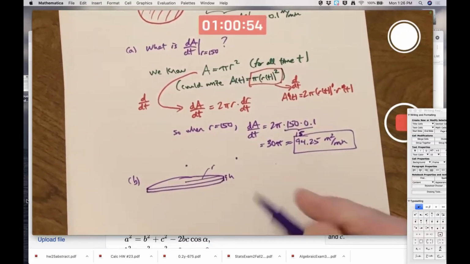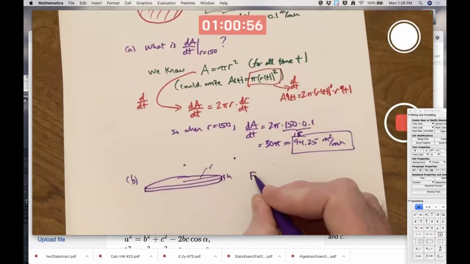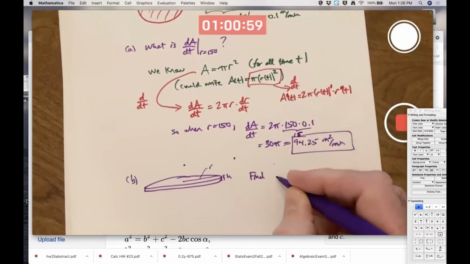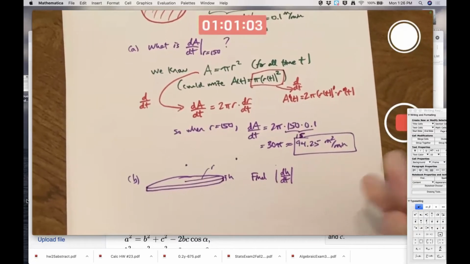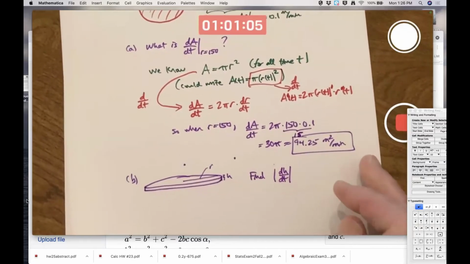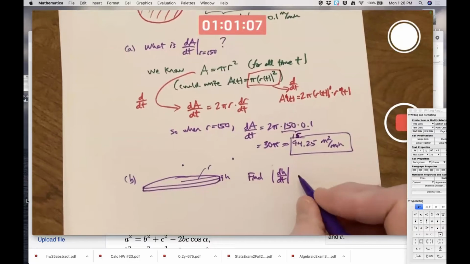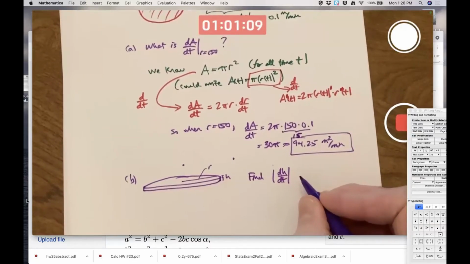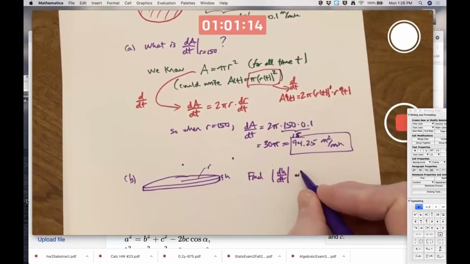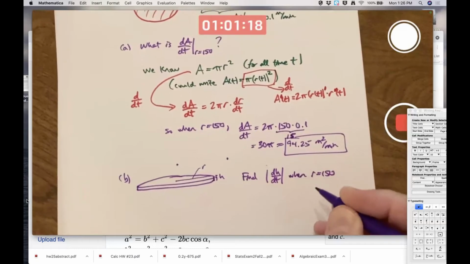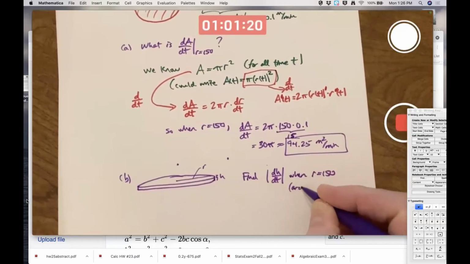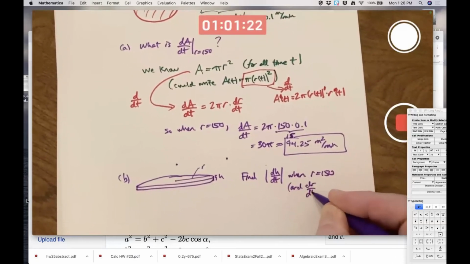And we want to find the absolute value of dh/dt to say how fast it's decreasing. Since they say it's decreasing, they're after a positive answer, at the same moment in time when r is 150 and dr/dt is 0.1.